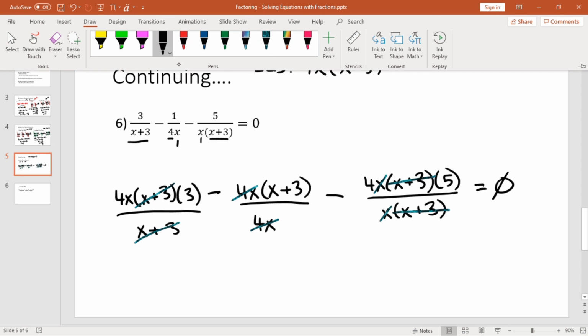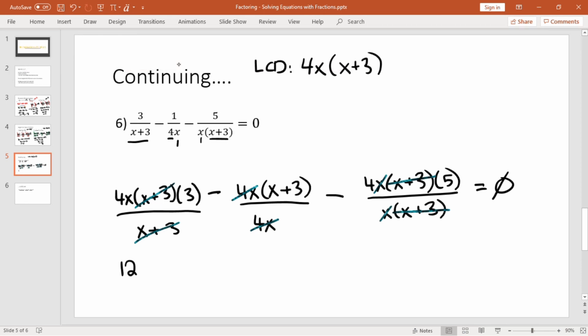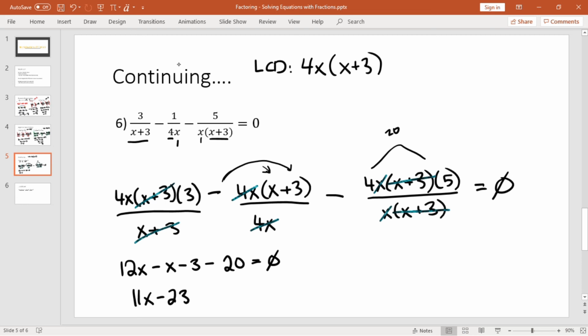Okay, we have 12x. 4x times 3 is 12x. And then we have this subtraction, so we're going to have to distribute it to both things. So it's going to be subtract x, subtract 3. And then we have another subtraction, and 4 times 5 is 20. Equals 0. Cleaning it up, 11x minus 23 equals 0. 11x equals 23. X is equal to 23 over 11. Something that you just never would have guessed.